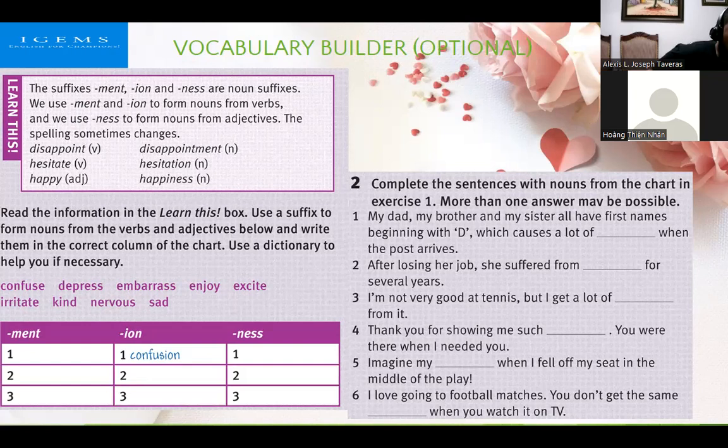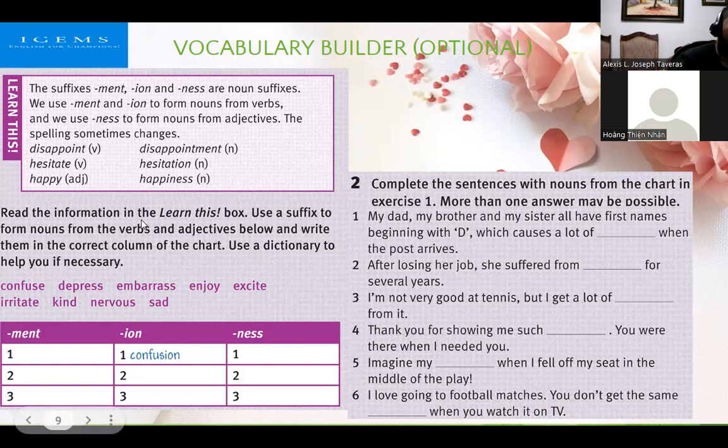So you complement this word with these suffixes. For example, disappoint: you add to it the suffix -ment, -tion, and -ness. For example, disappointment, hesitation, happiness.